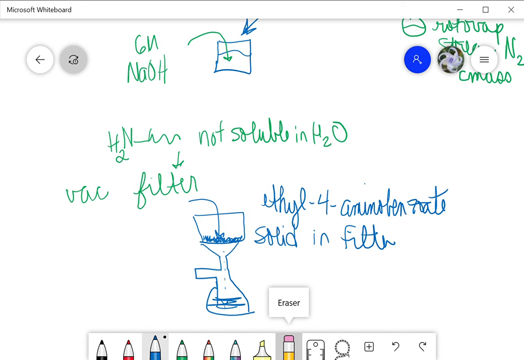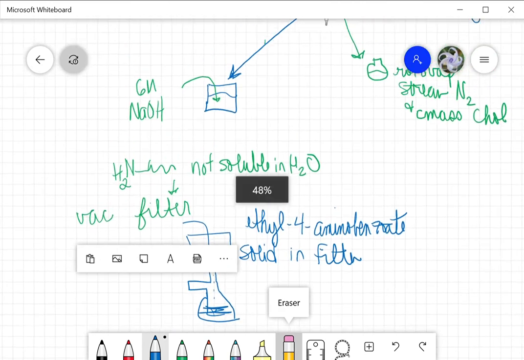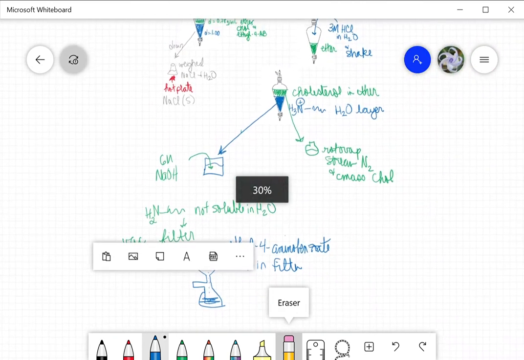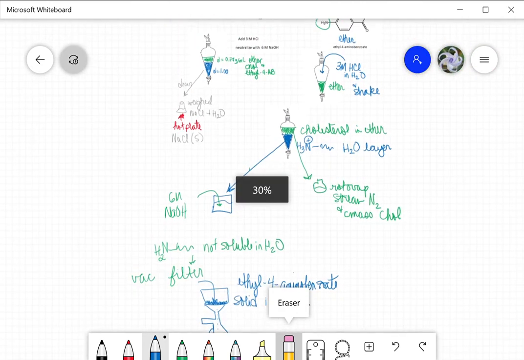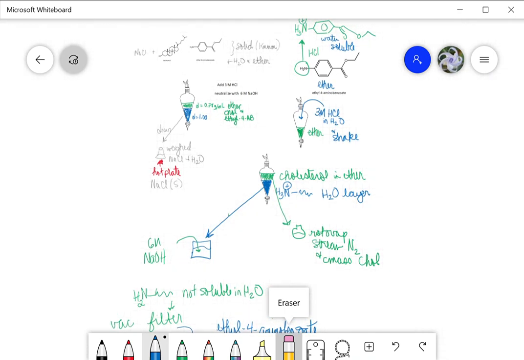So there are definitely some challenges to doing this lab. But if we can very carefully keep track of where we are, keep track of whether you're talking about the ether layer or the water layer, and of course, label, label, label.